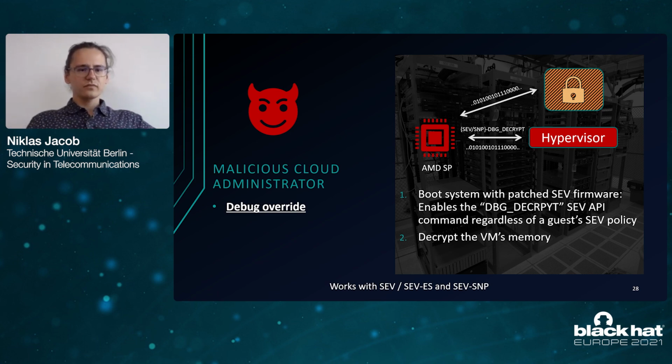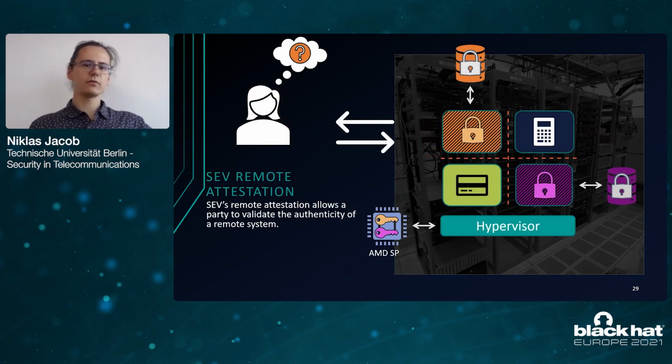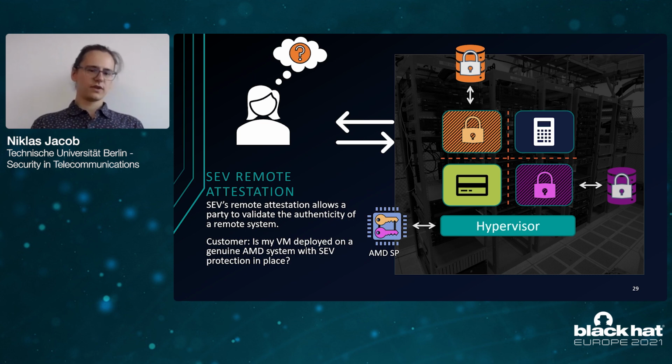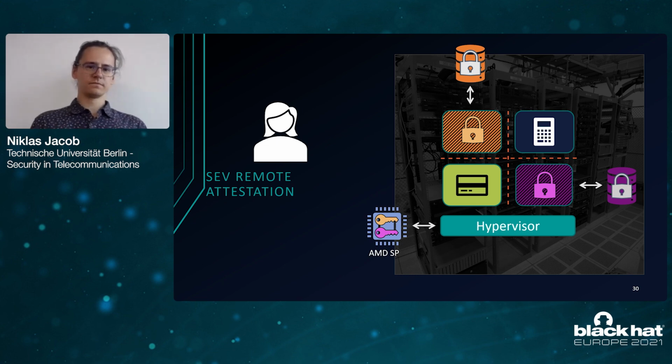And if we want a different attack, we might want to attack the remote attestation feature. The remote attestation feature is used by customers that want to ensure the VM is actually being set up with SEV in place, basically removing the need to trust the hardware owner by having a cryptographic check in place.